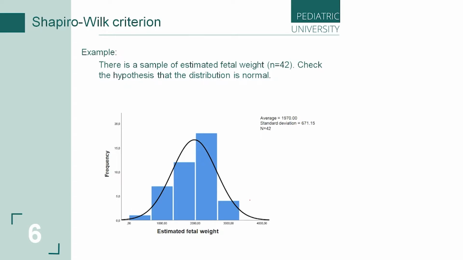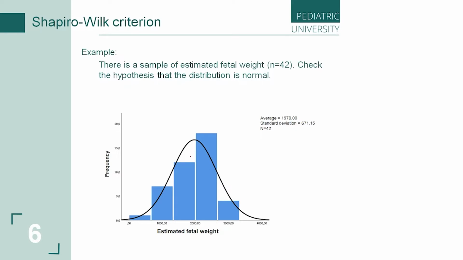So, based only on this histogram, we can also suggest whether the normal distribution law is fulfilled or not. But this is just an assumption and it can be wrong. From a histogram, we can only think that this is a normal distribution law, or maybe not.